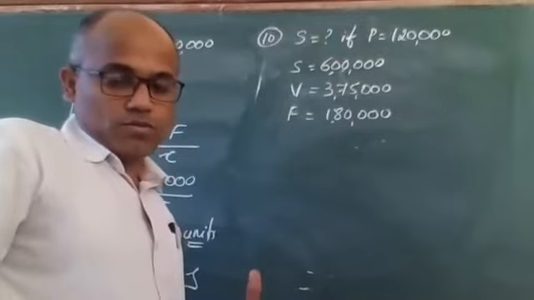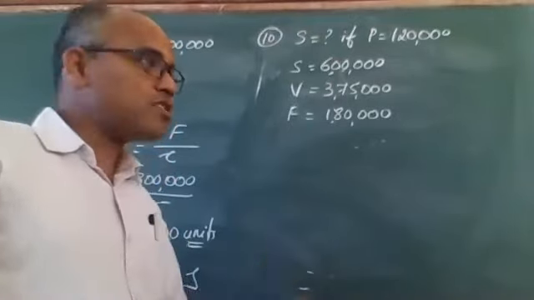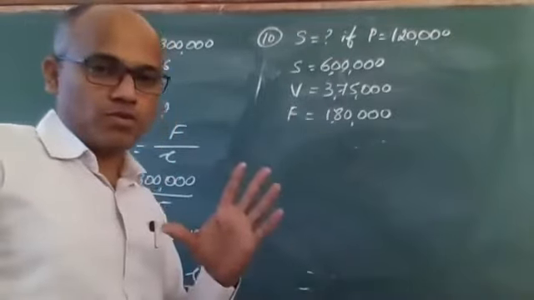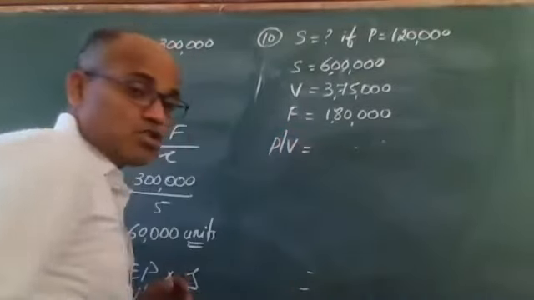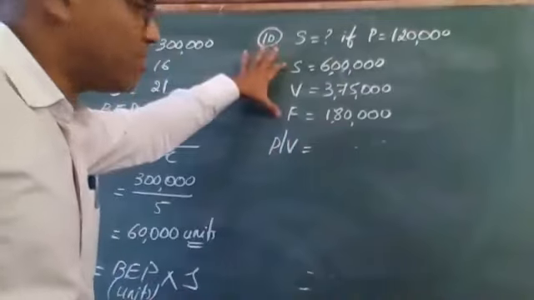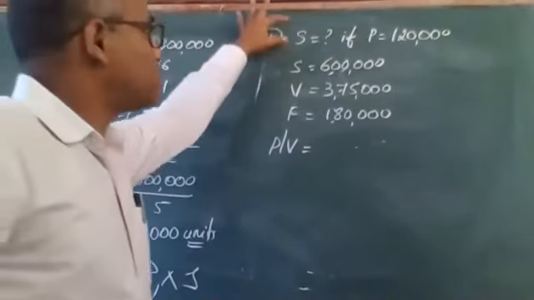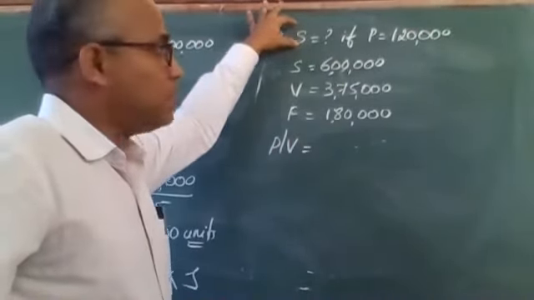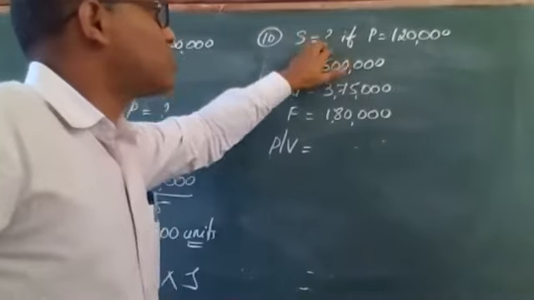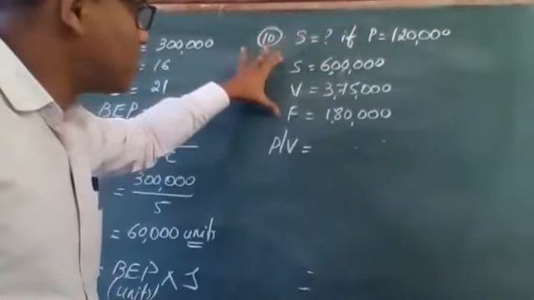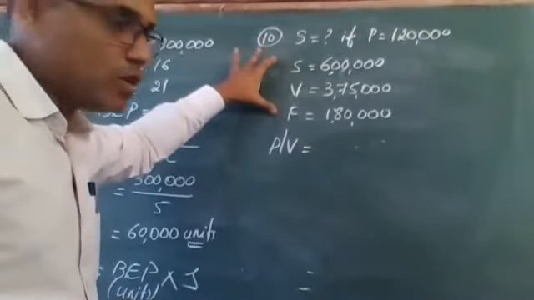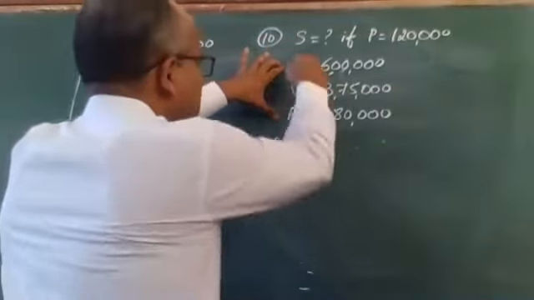No. So our idea is, first we will find out the PV ratio with the given information. What is this given information? Not the conditional information. This is the condition. If I sell this much, how much should I sell to get a profit of this, is a conditional question. But the information given in the question is this. So PV ratio based on this information.